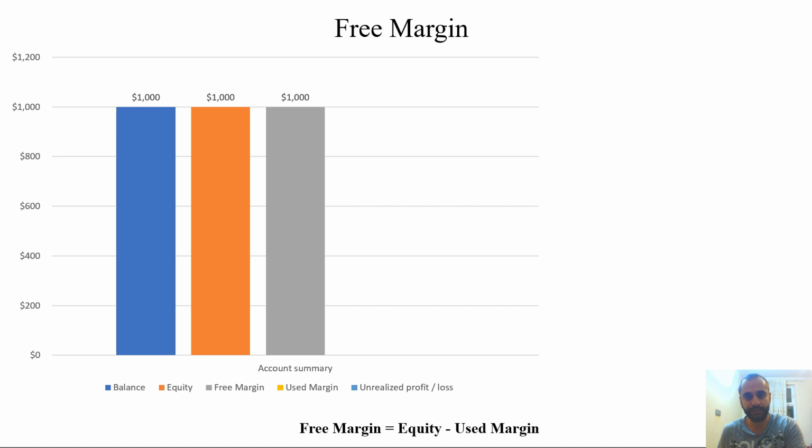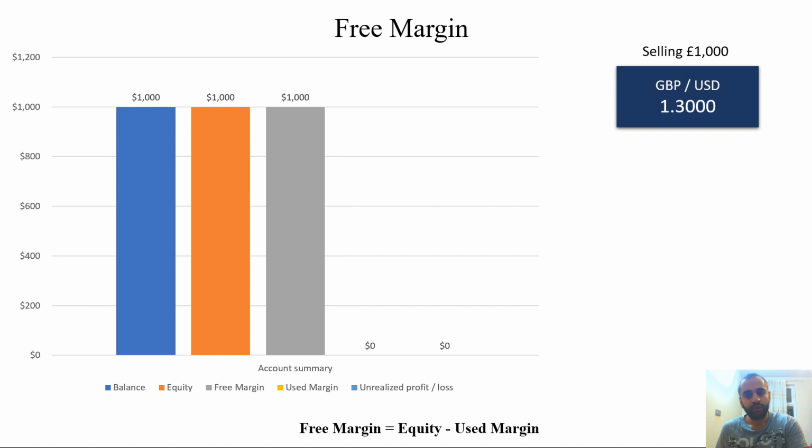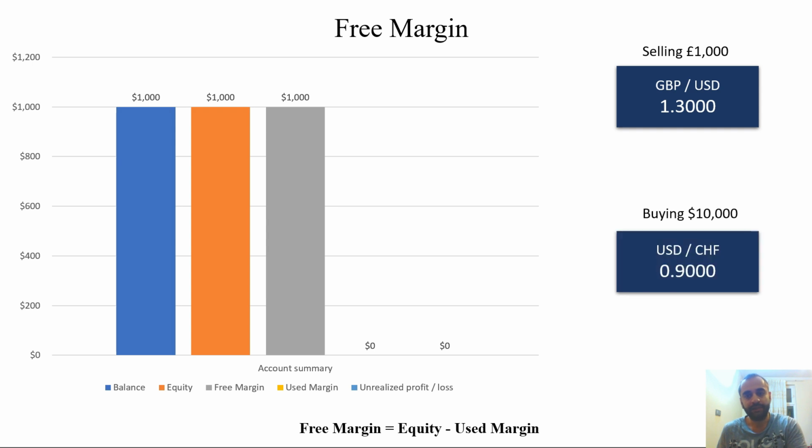We open two trades. We go short and sell 1,000 pounds at an exchange rate of $1.3 per pound. We go long and buy $10,000 at the exchange rate of 0.9 Swiss francs per dollar.